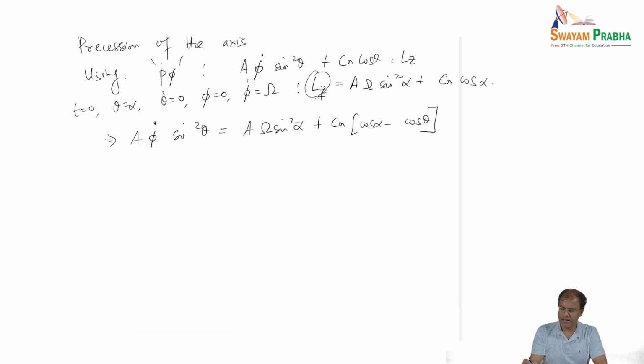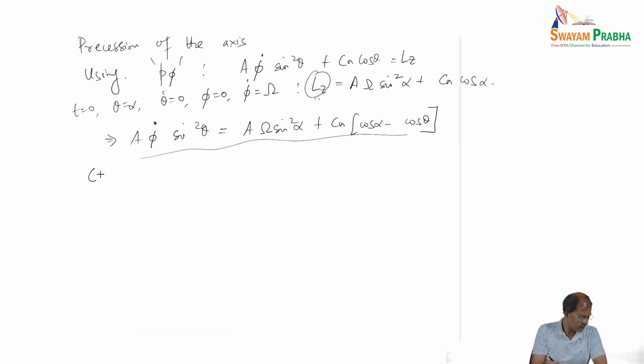So after plugging in the value of LZ in our top equation, that is the star equation for theta, we know that this is going to be a quadratic equation for theta, right?